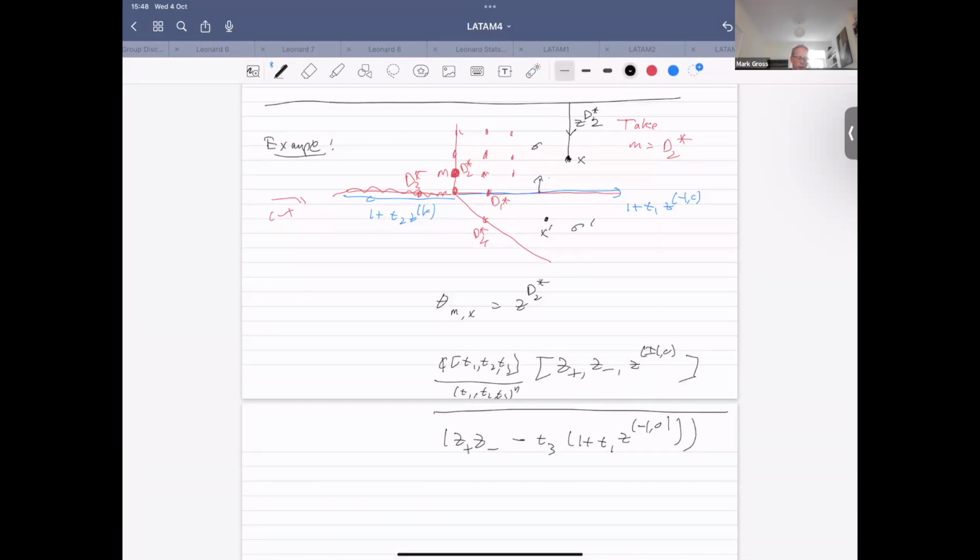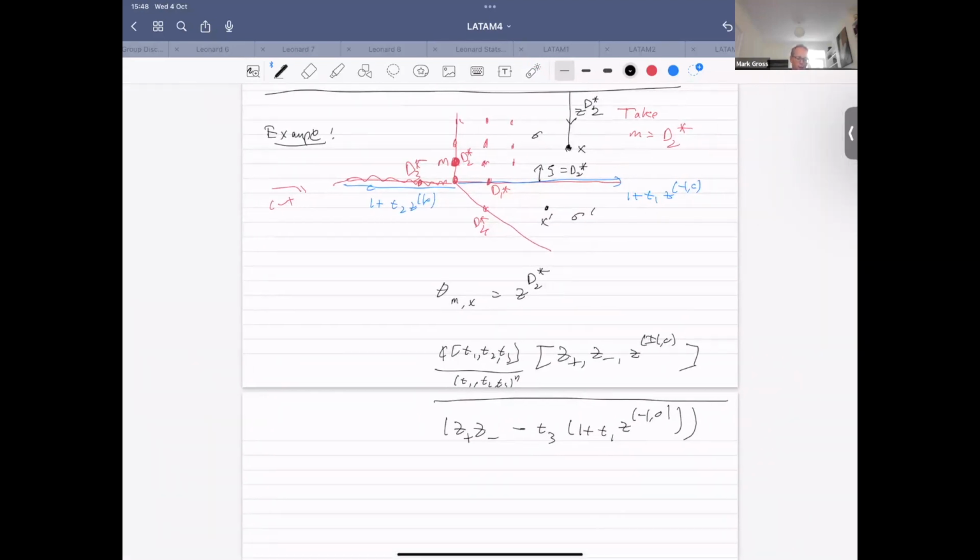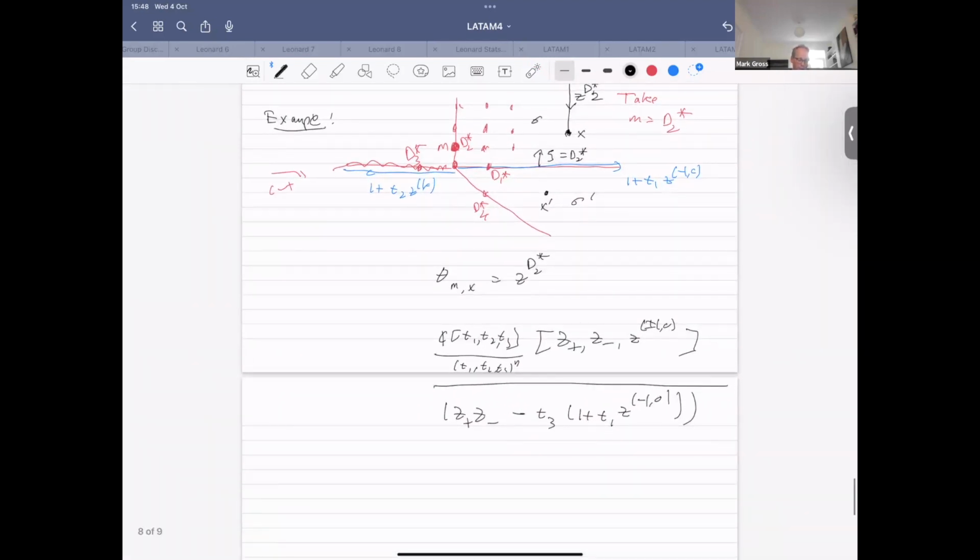So I'll take c to actually be equal to d2 star, or just the vertical tangent vector. And then the point is that we had this monomial z to the d2 star. That's just z to the c.